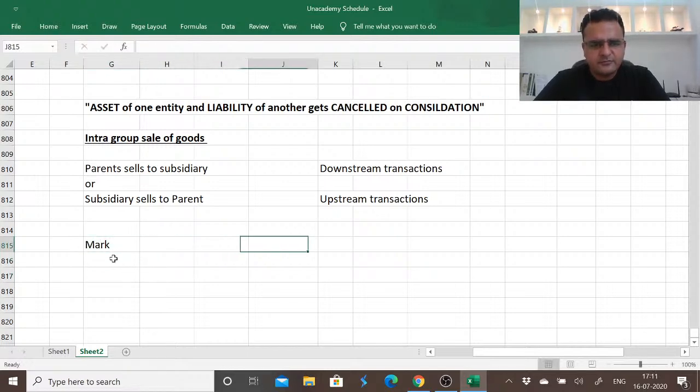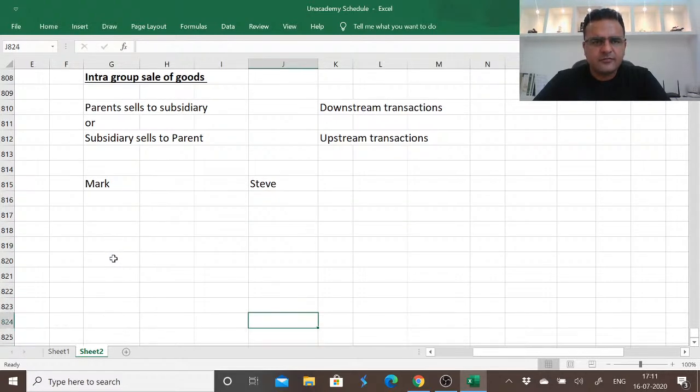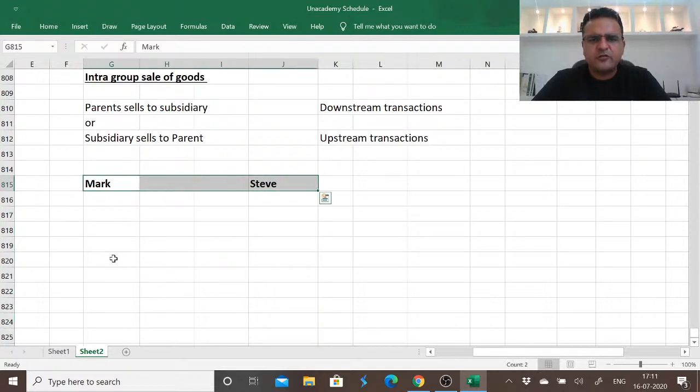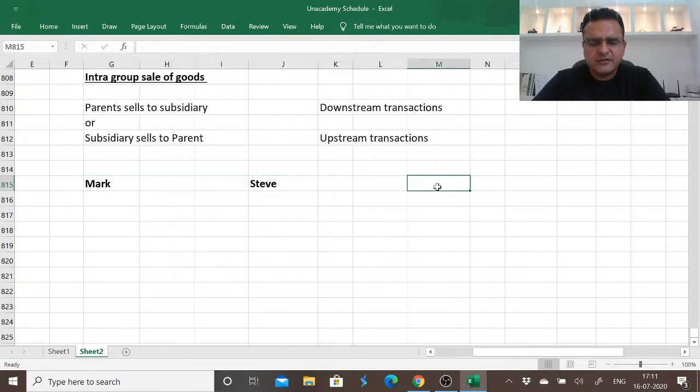Mark and Steve are both living in the same house, but for the outside world they are both together, they are a group.